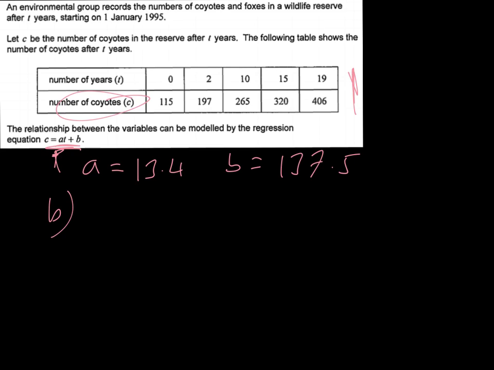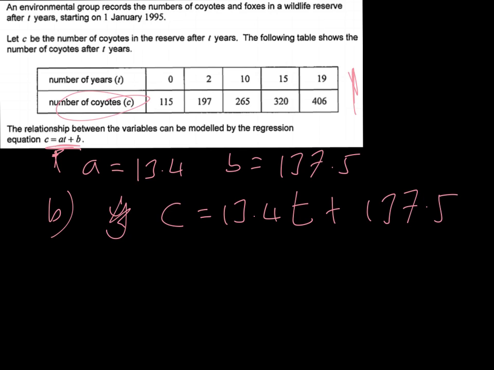And part B then asks us to use this equation. So we've got here C equals 13.4t plus 137.5. So in part B then we can just substitute in t equals 7, because it's after 7 years.